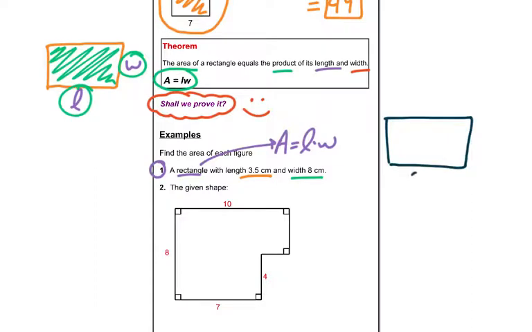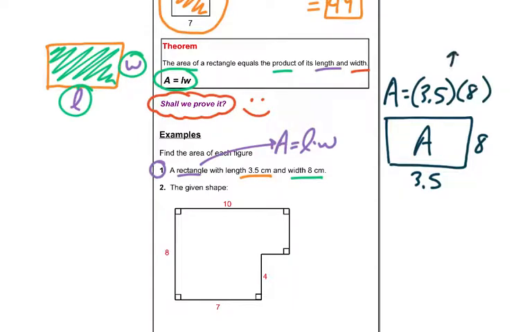The area on the inside should be length times width, which is 3.5 times 8, and you can use a calculator for that. That's basically going to be 28. So the area of that rectangle is 28.